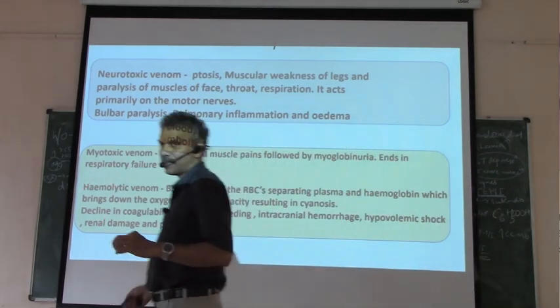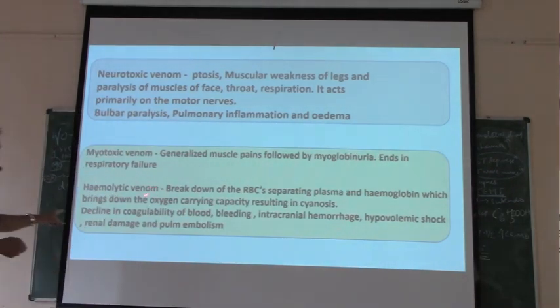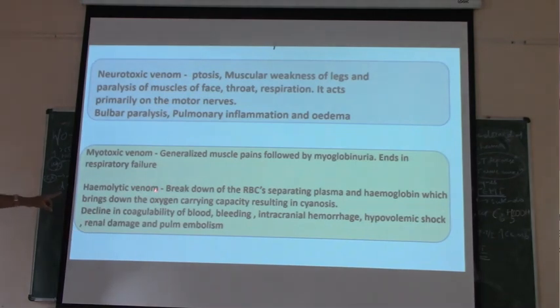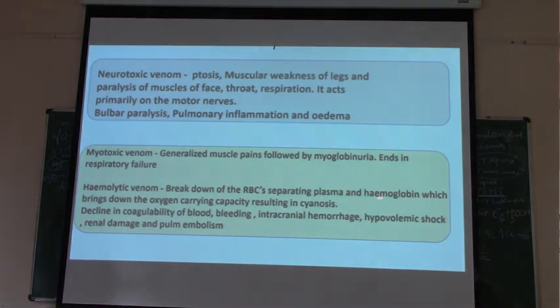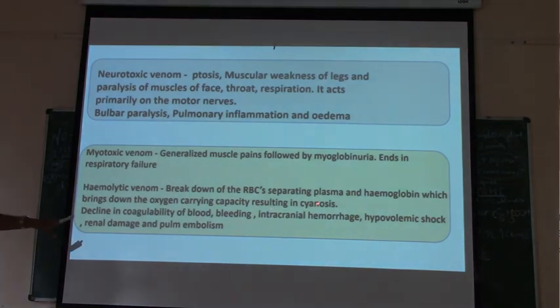And the third venom is the hemolytic hemotoxin. Now, hemotoxin breaks the RBCs. It separates the plasma and hemoglobin, which brings down the oxygen carrying capacity and results in cyanosis. Now this is what happens when there is a snake bite.